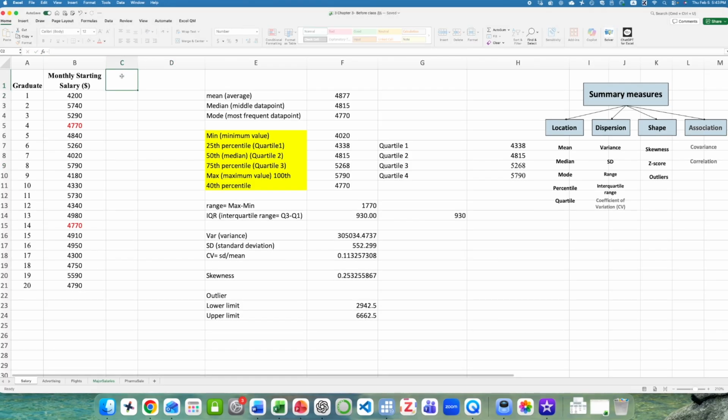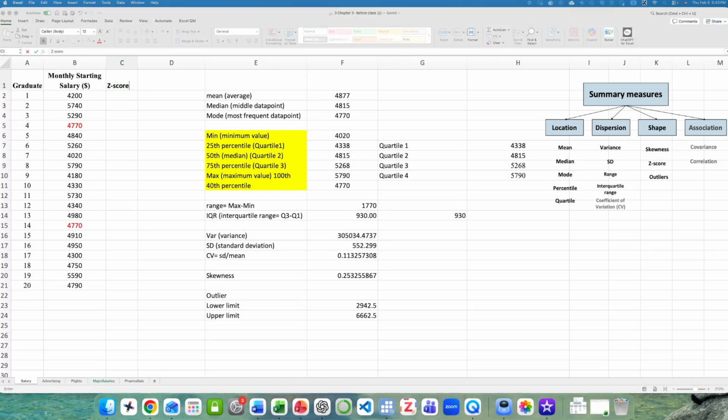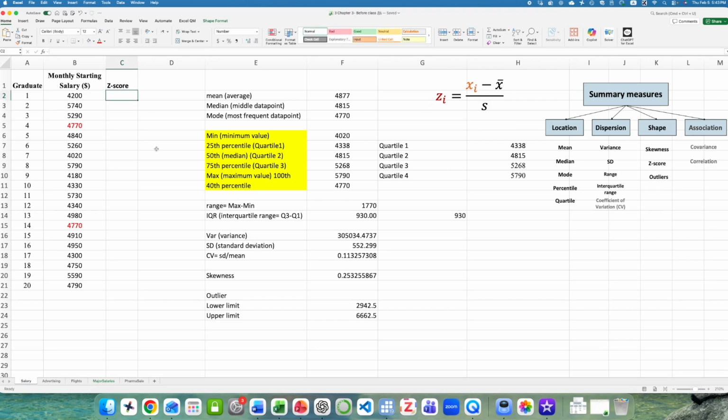I'm going to call this first column z-score, and this is basically the function for z that we just reviewed. Let's follow this function. It's equal to the data point xi minus the mean that we calculated here, divided by the standard deviation.